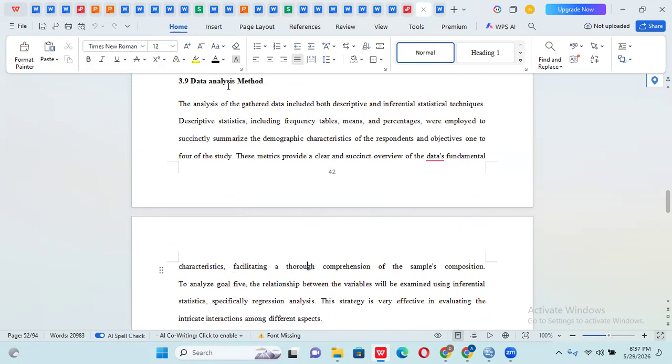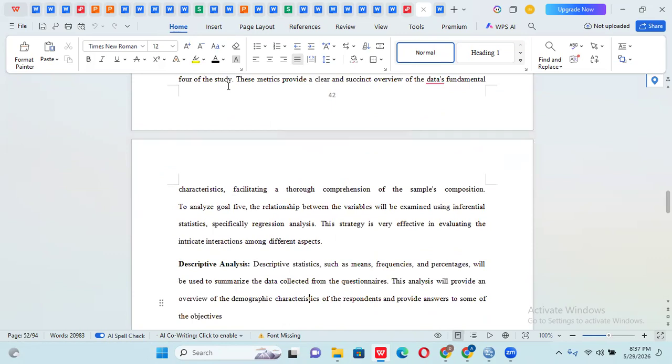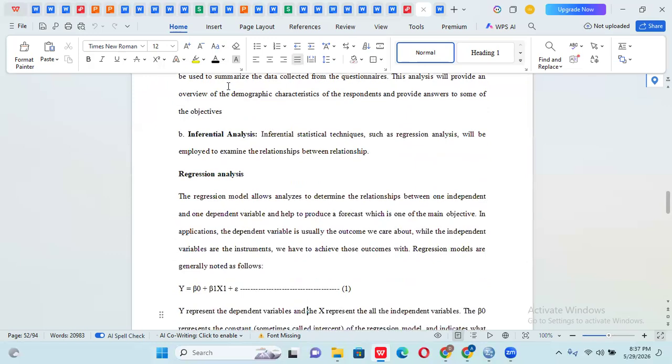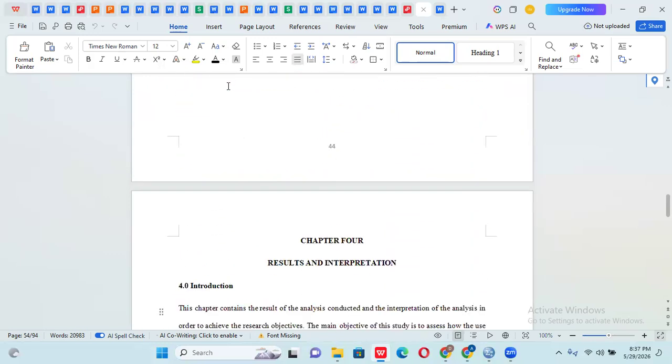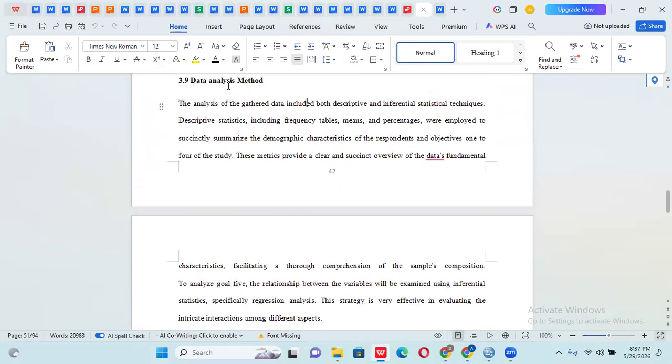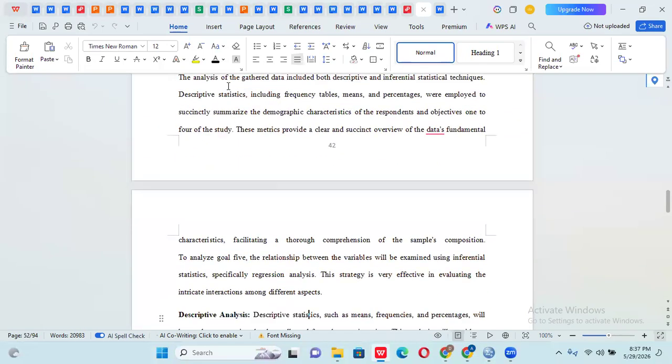Please, if you're a researcher and you are hearing me, once you get to this part of your work, please make sure you are specific. Be specific in telling us the technique to use.